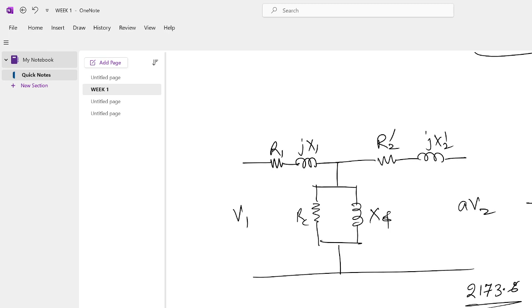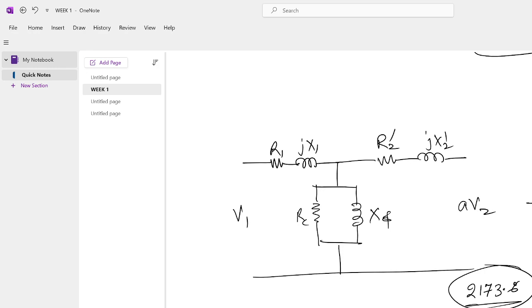Similarly here it will be 10 times less because the transformation ratio is 2300 by 230. On the secondary side it will draw more current. I secondary you can see is 2173, and here it is 217.